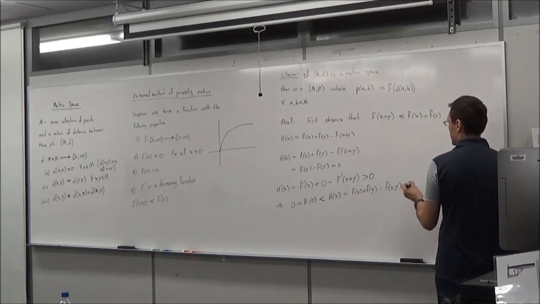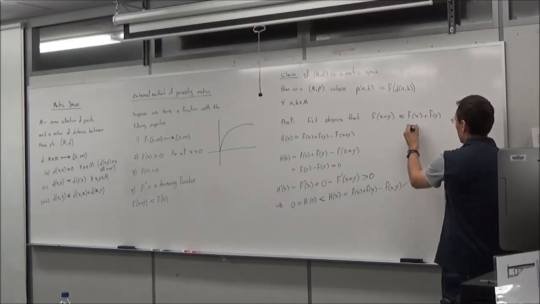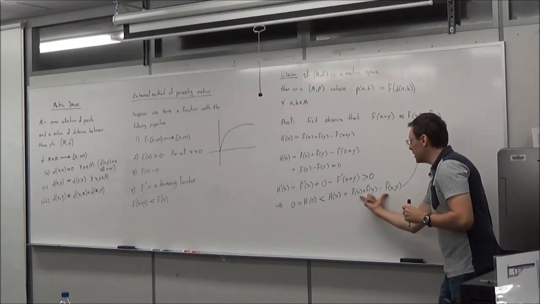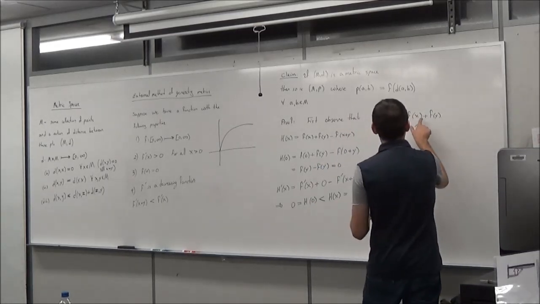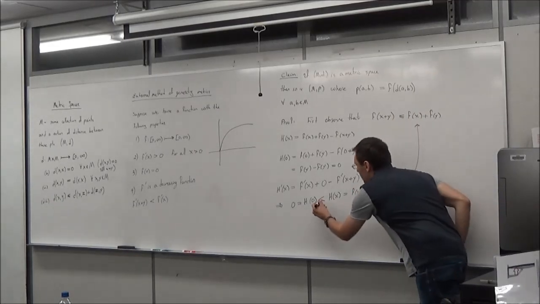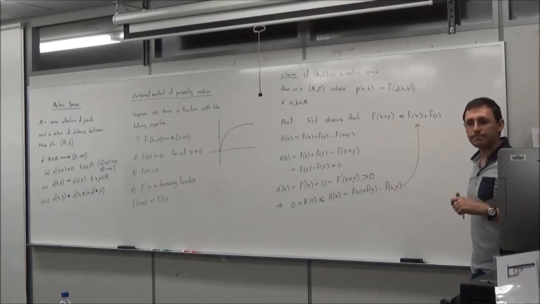So the implication is what we have over here, which implies what I wrote on the top. You see, this quantity is bigger than 0. So that means that f of x plus f of y is bigger than or equal to f of x plus y. This thing is bigger than this thing.